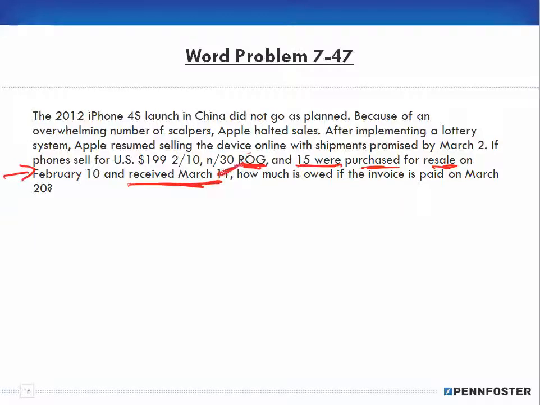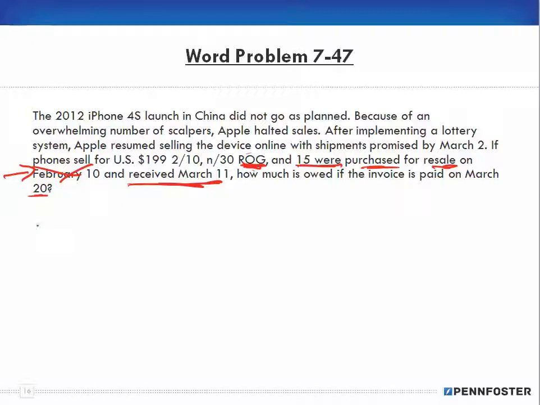Since it's receipt of goods, we're concerned with the March 11th. We're not concerned with the resale on February 10th, because it's receipt of goods. So they're received on March 11th. How much is owed if the invoice is paid on March 20th?